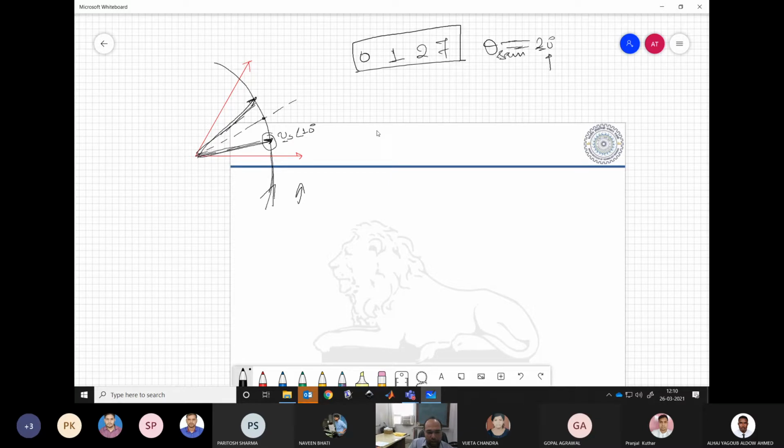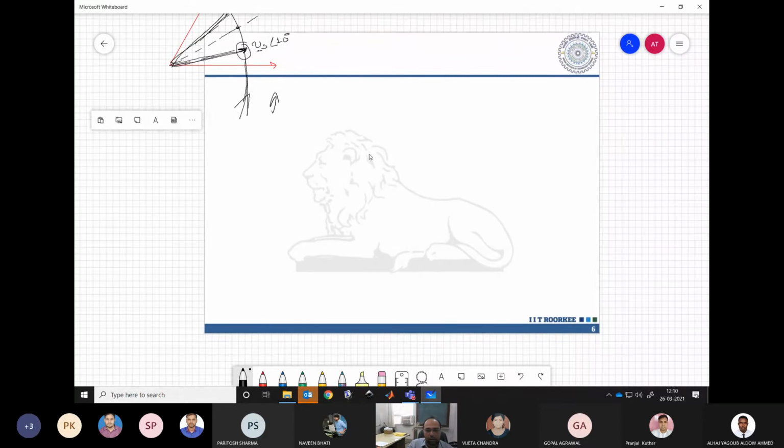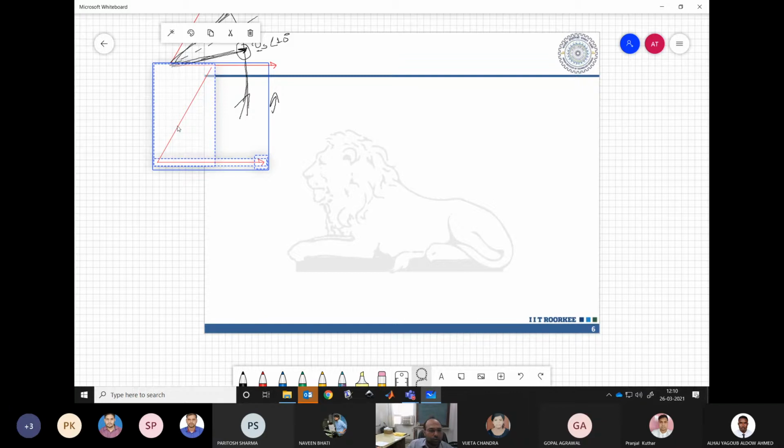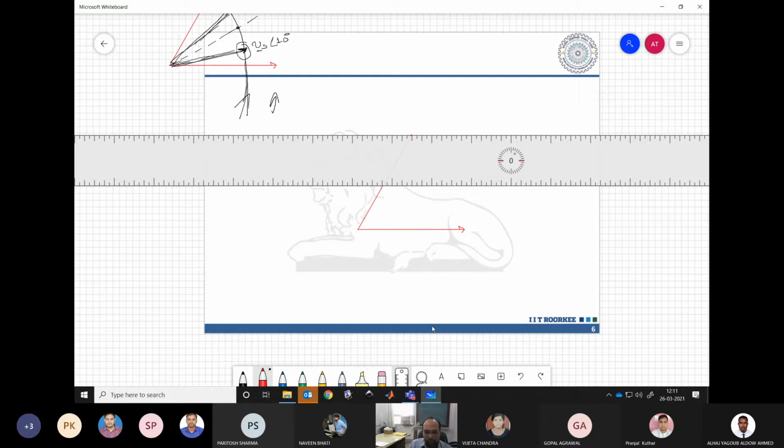Maybe we can draw a little more realistic. Okay, what I mean by realistic is, let us divide the angles properly.